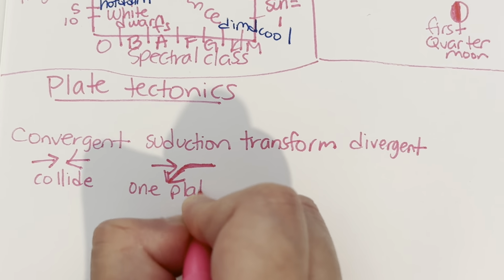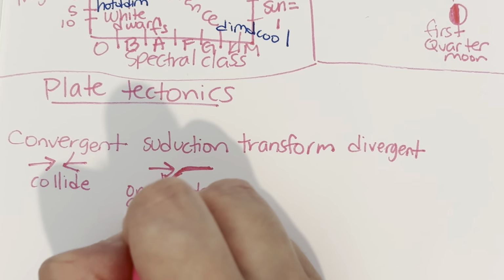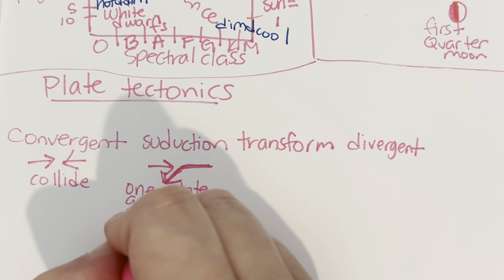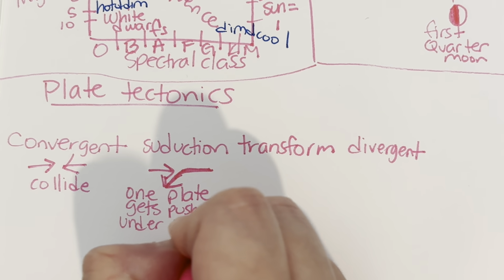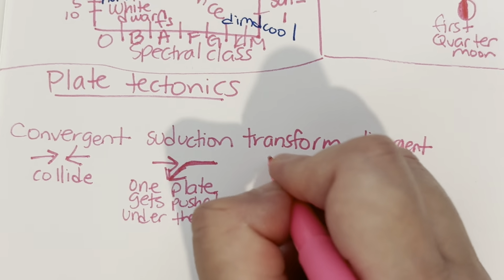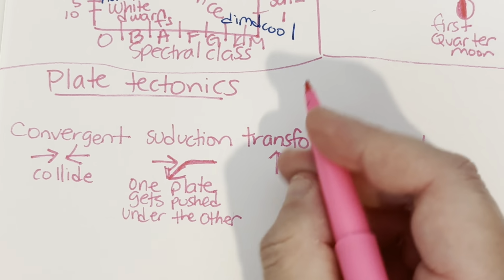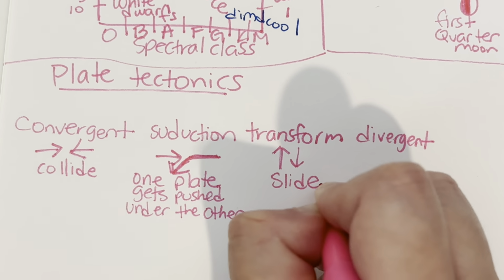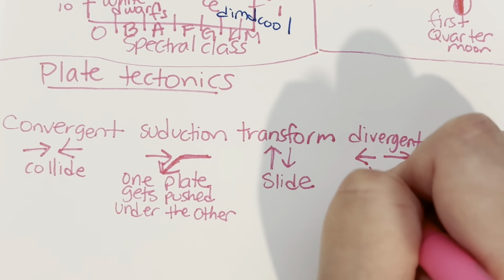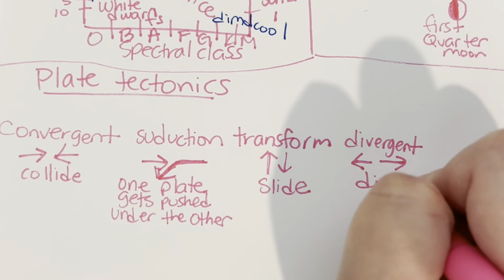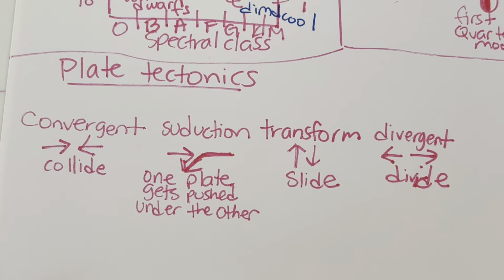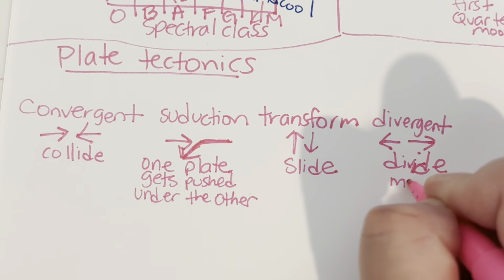So one plate gets pushed under the other. Okay. Transform is when you have two plates that are sliding past each other. And then divergent is when there's a divide, right, between the plates. That should say divide. So they're moving away from each other.